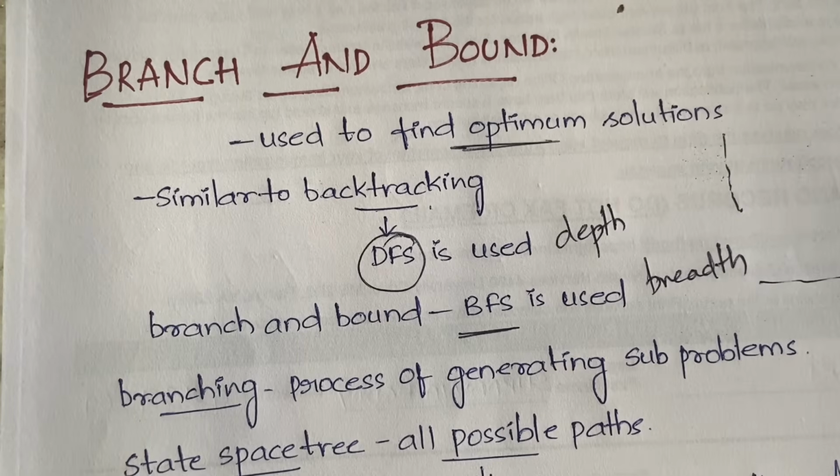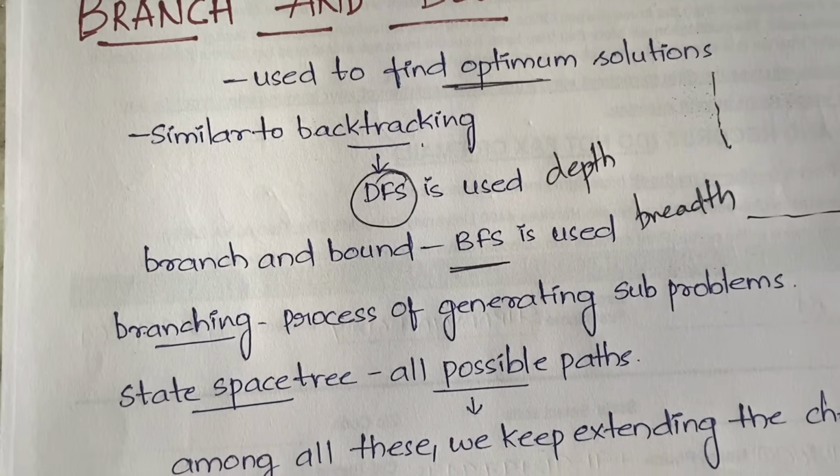Here, what do we mean by branching? It is the process of generating subproblems. You generate multiple subproblems, and then you decide which subproblem to choose so that you get the maximum profit.